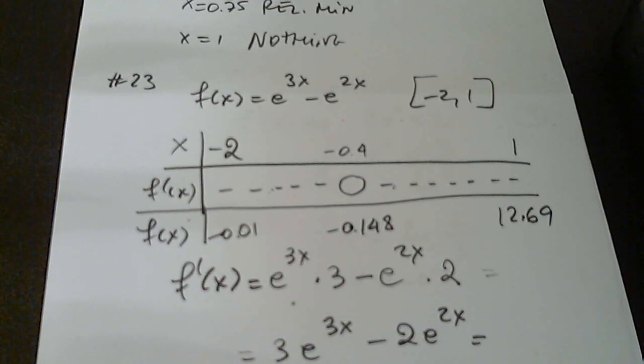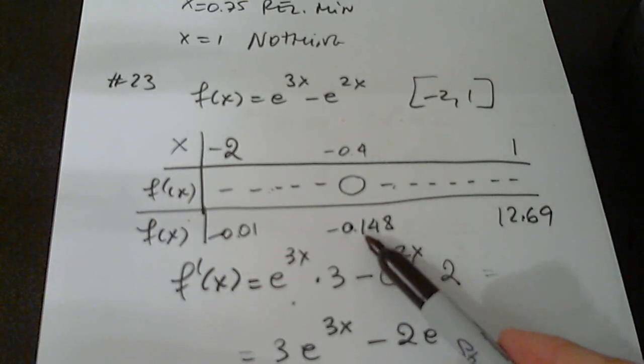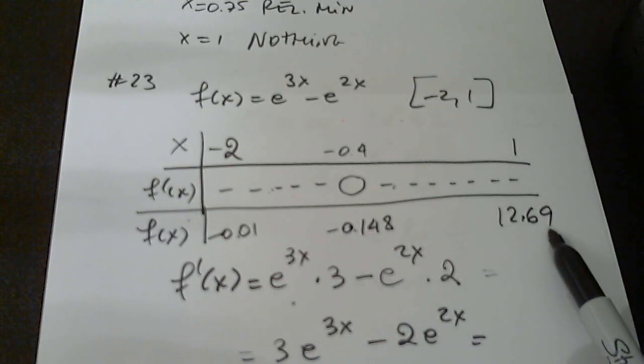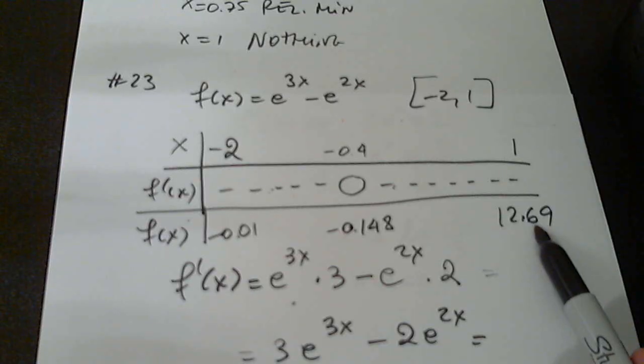So obviously, let me check my e to 2x, copy the base, add the exponents. That was correct. Everything was correct here. E to 3x minus e to 2x. That was correct. I'm checking my calculations here. So obviously the sign is wrong. From here, the function is increasing.